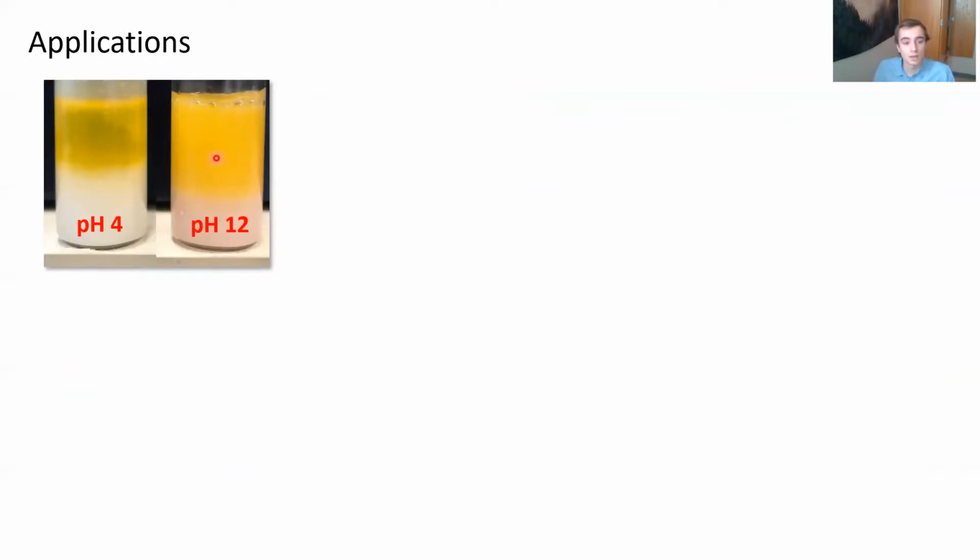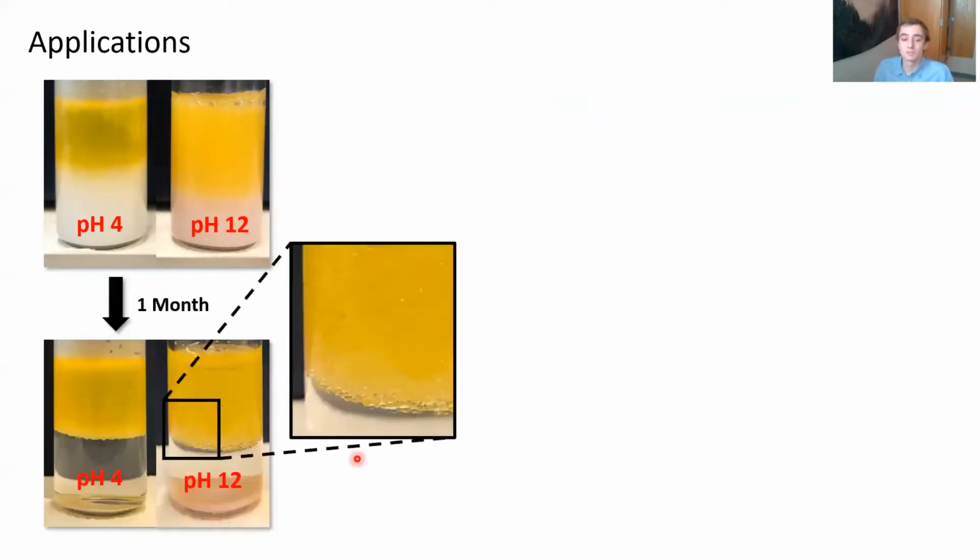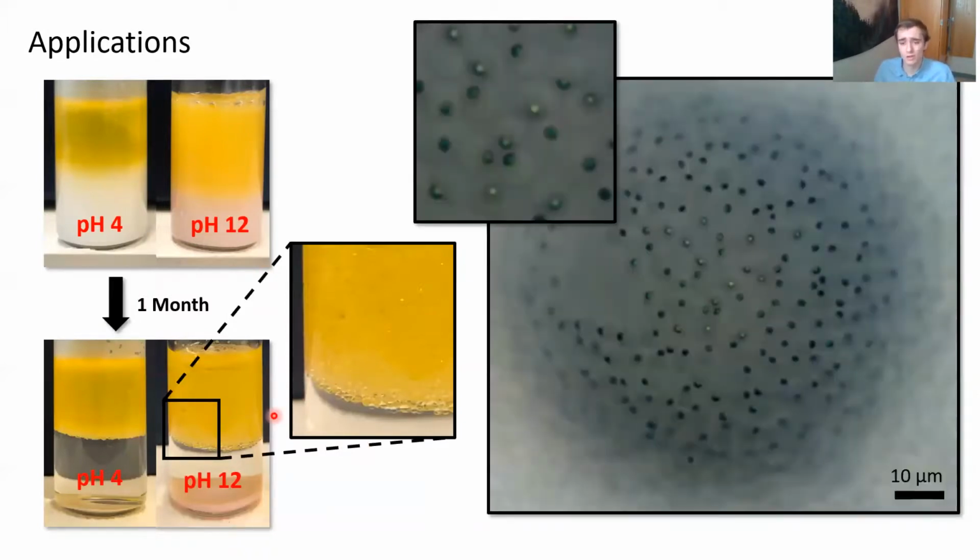At high pH, these large particles are able to stabilize this hexadecane water emulsion, but not at a relatively neutral pH. And this will stay emulsified even after 1 month. What's going on at the small scale is that these large swollen particles are adhering to the hexadecane water droplet interface and preventing these droplets from coalescing.